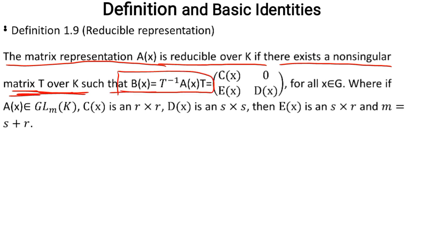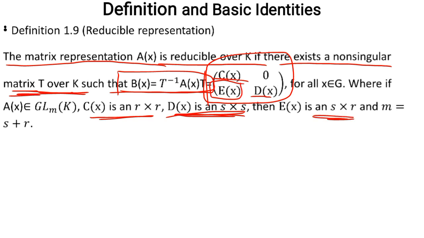But not only can you write it in this form, you can write it as a matrix of this form, where C(x) is an r by r matrix, D(x) is an s by s matrix, and this E(x) in particular, note it, is an s by r matrix.